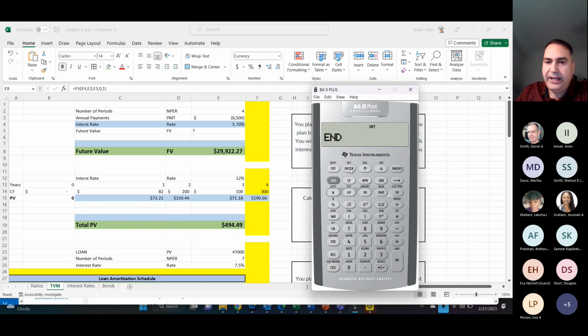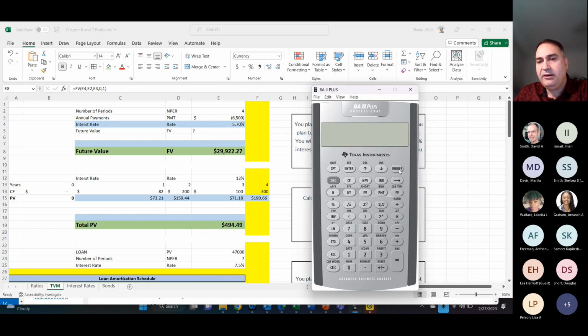It is the second function of the enter button. So I press second function and then enter, and now the calculator is set to the begin mode. You see that BGN appears over here. What that means is that when we do calculations here, it will be doing as if the payments are taking place at the beginning of the period. The rest of the stuff is the same.